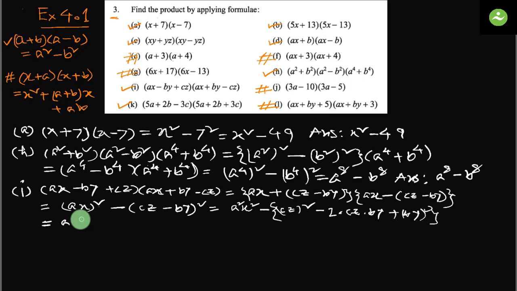a square x square minus c square z square, minus and minus plus 2 bc yz, and minus and plus minus b square y square.